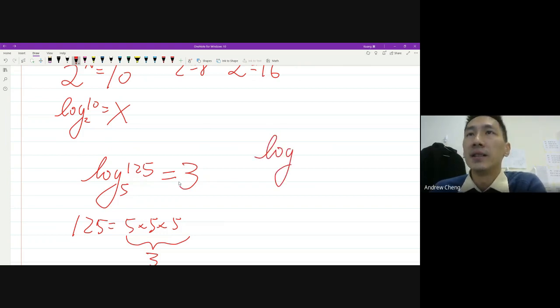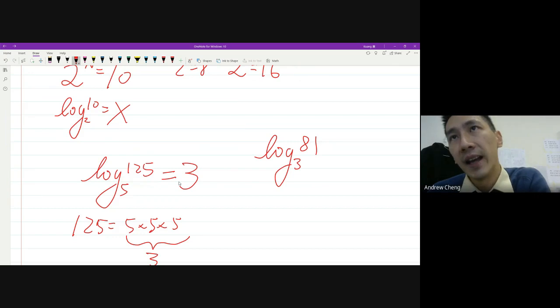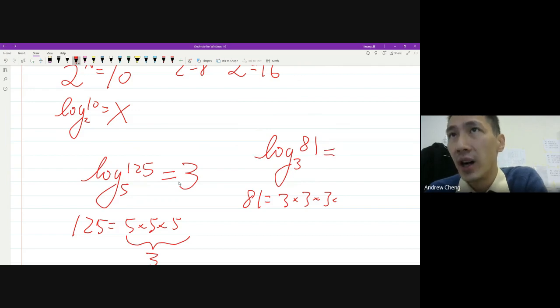Another base, let's say 3. We call this log base 3 of 81. When you look at this, you need to ask yourself: 81 equals 3 to what power? How many 3s multiplied together get 81? That is the answer of log base 3 of 81.